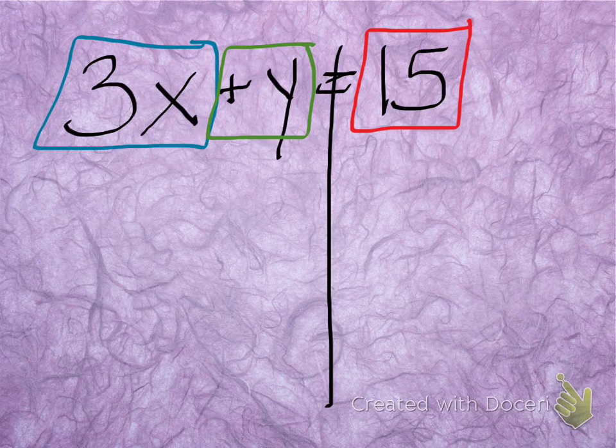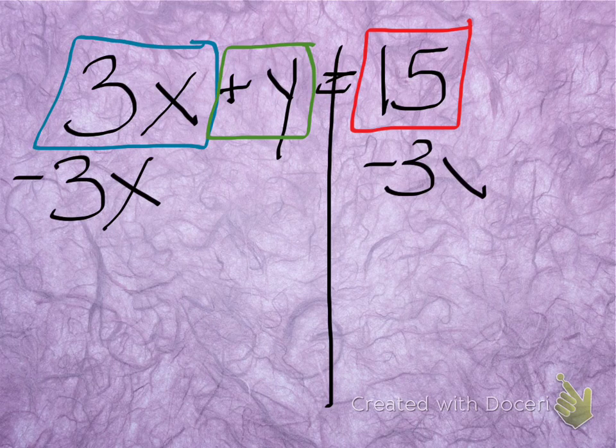Now think, if my goal is to get y by itself, what do I need to get rid of? I need to get rid of 3x, and that's a term, so I'm just going to do the opposite to it. So if I have a positive 3x, I'm going to subtract it, and I'm going to subtract it from both sides.